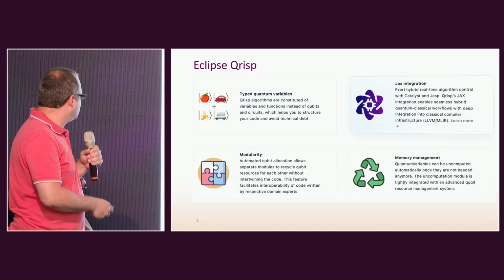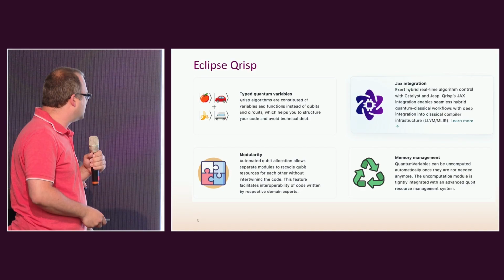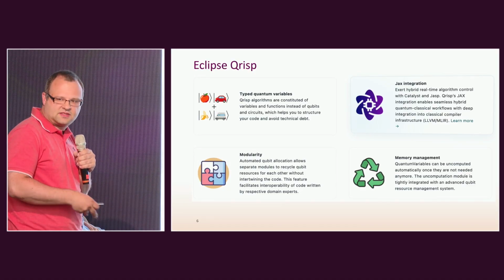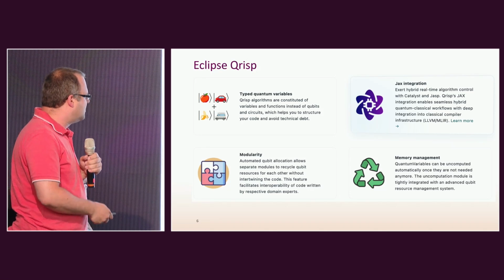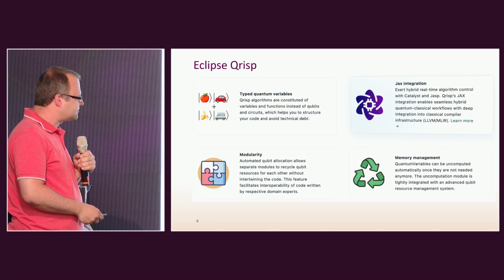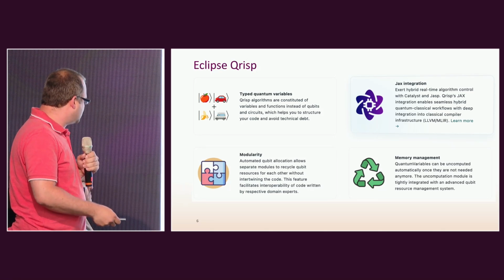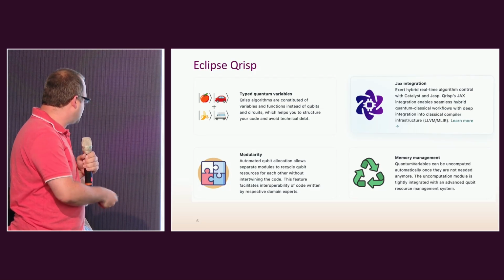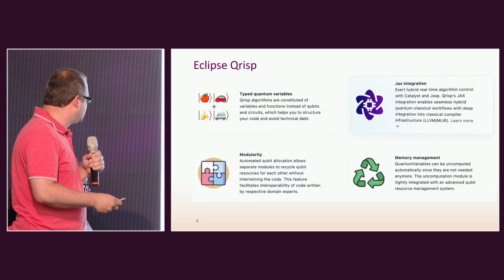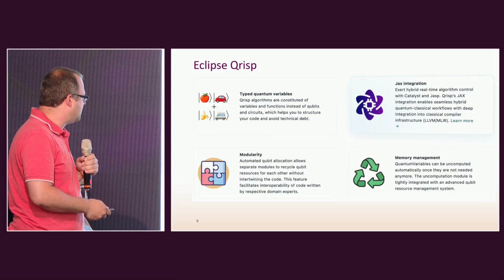Further, you can use quantum variables in order to have a fast compilation of the underlying circuits. We implemented the JASP integration. And in order to have an efficient data management, we have a modular structure and an efficient memory management.